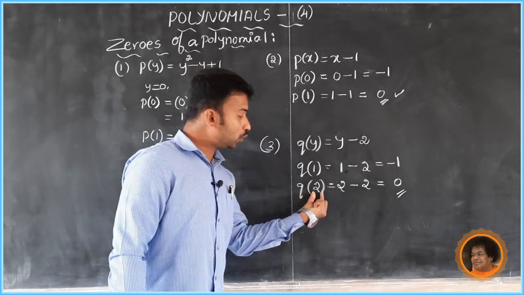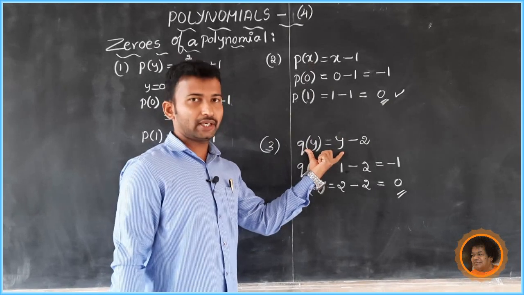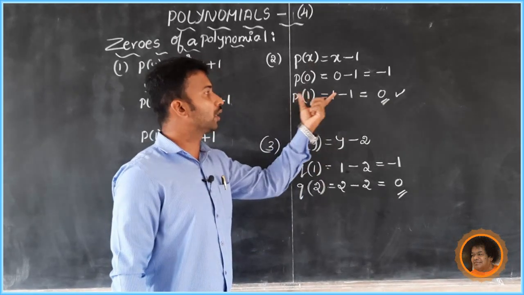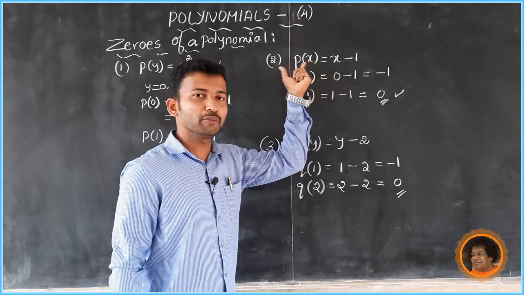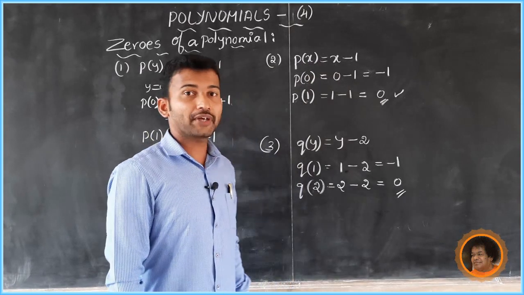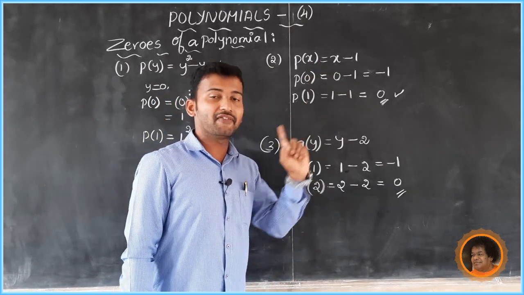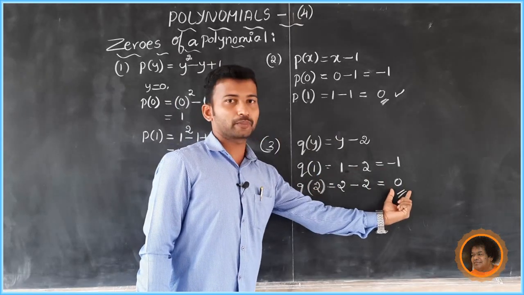So, 2 is called the zero of the polynomial Q of y, and here 1 is called the zero of the polynomial P of x. So, what do you mean by zero of a polynomial? Zero of a polynomial is that value at which the polynomial becomes 0.